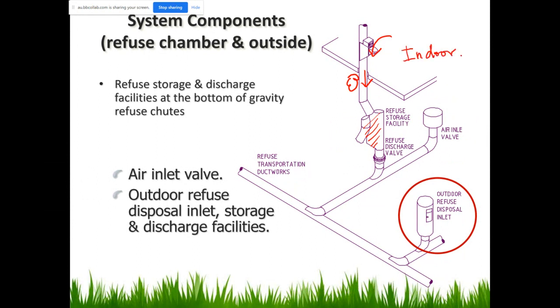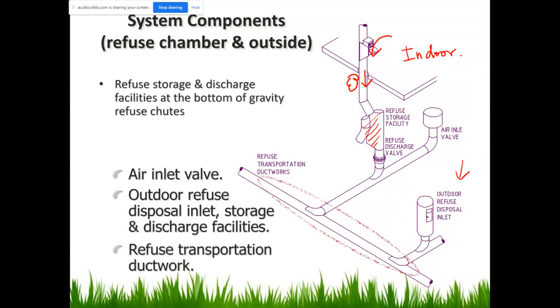But for a housing estate, you can also discharge the solid waste outdoors, for some of the park or something. So we also reserve an outdoor disposal inlet. And afterwards, all the trash will be collected and transported to somewhere for storage, and then discharged and taken away through some channels.